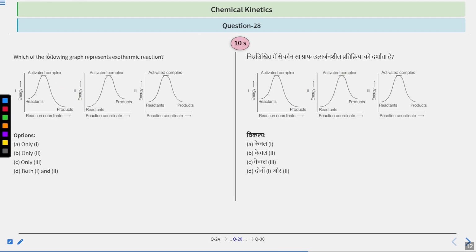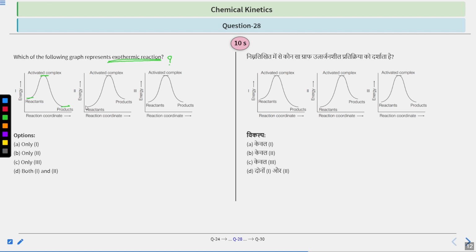Question number 28. Which of the following graphs represents an exothermic reaction? We have to find out which of the first, second, and third graphs represents an exothermic reaction. All the graphs are between energy and the reaction coordinate axis, and we are given the plot for the energy of reactants and products and the site for the activated complex formation.